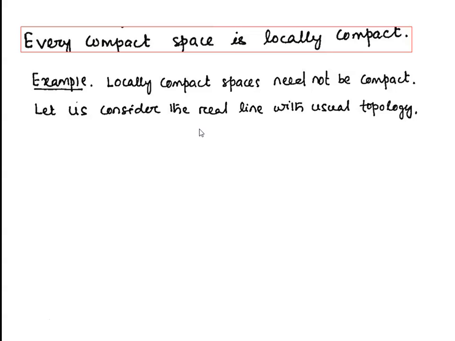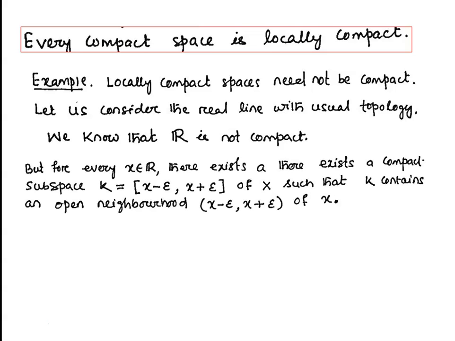Let us consider the real line with the usual topology. We know that R is not compact. But for every point x in the real line R, there exists a compact subspace K, the closed interval [x minus epsilon, x plus epsilon], because we know that closed intervals are compact subsets of the real line.